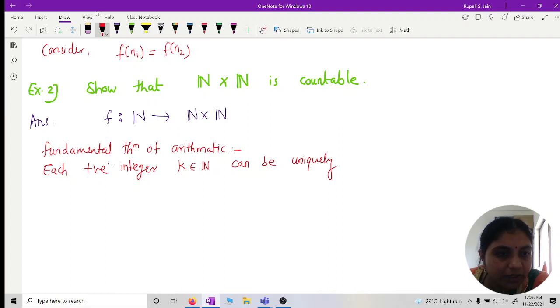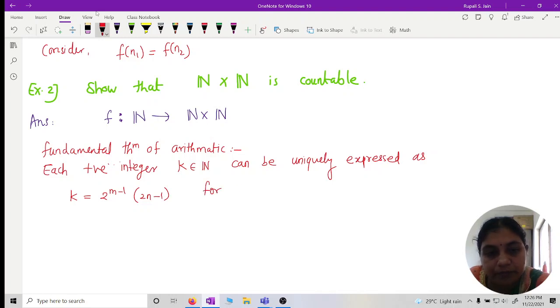Fundamental theorem of arithmetic says that each positive integer k belonging to N can be uniquely expressed as k is equal to 2 raised to m minus 1 into 2n minus 1 for some m, n belonging again to natural numbers.